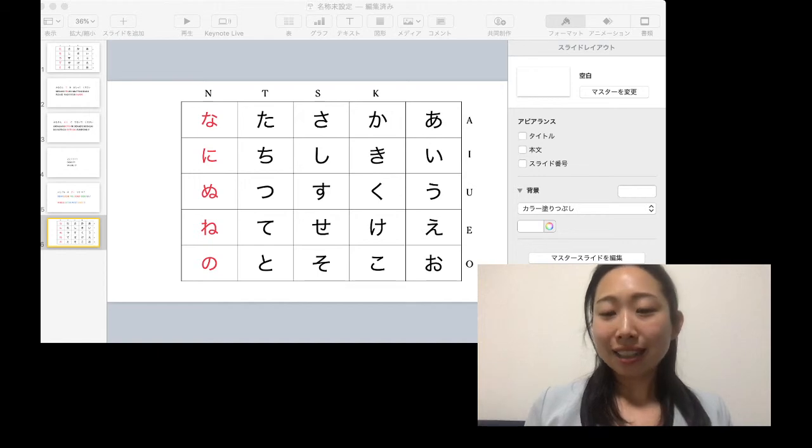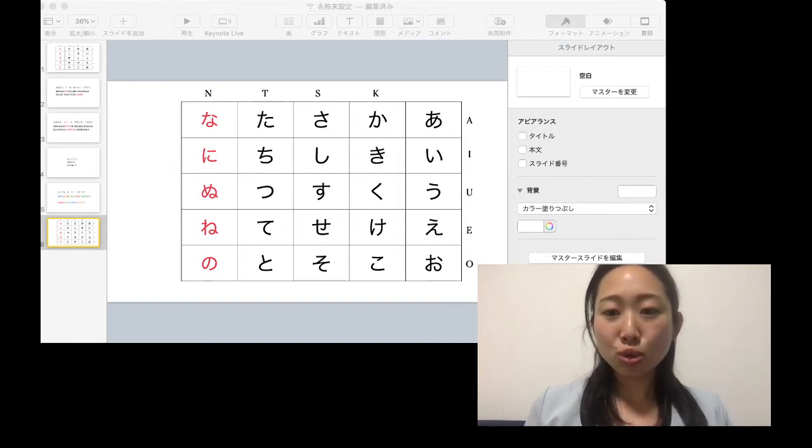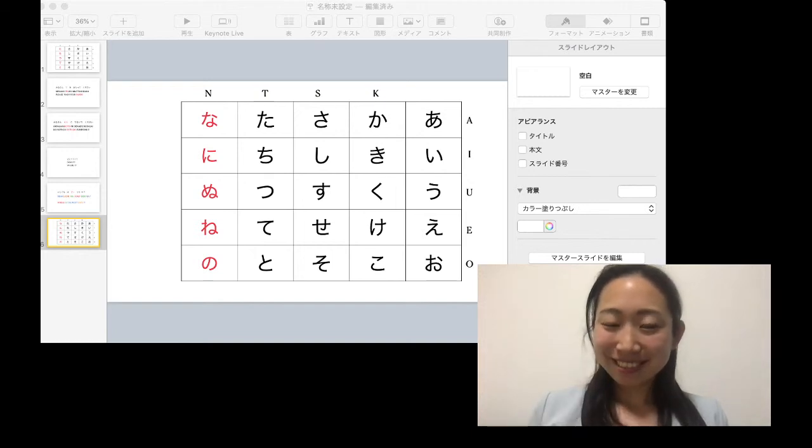A, i, u, e, o, ka, ki, ku, ke, ko, sa, shi, su, se, so, ta, chi, tsu, te, to. And the new ones, na, ni, nu, ne, no. Is it fine?